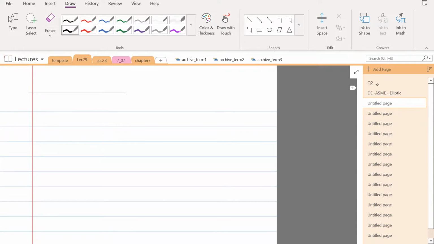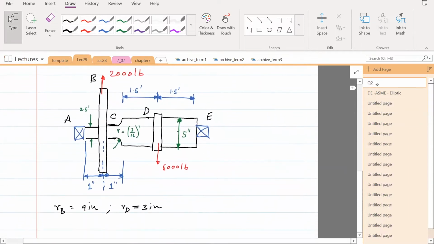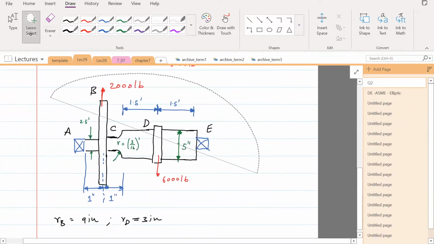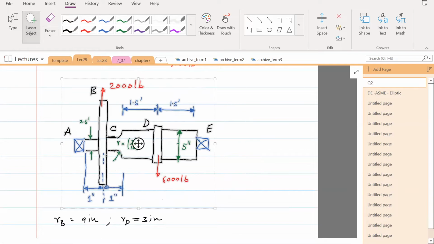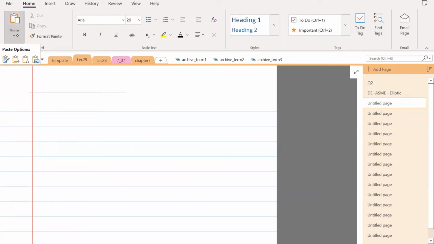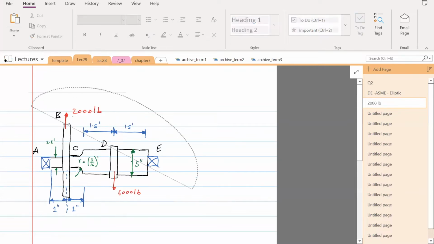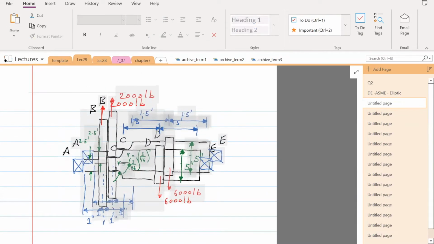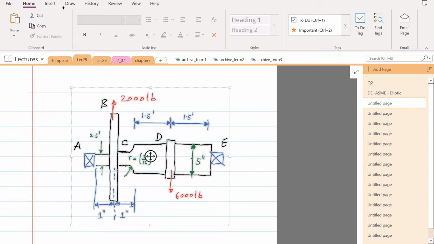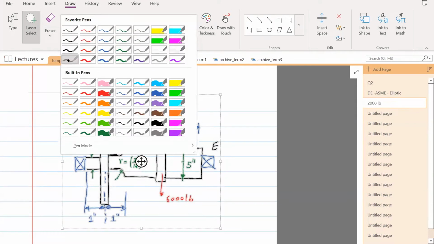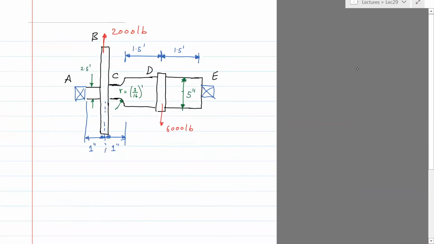Okay, so what I'm going to do is take a shortcut here, have a view of this. Blow it up a little bit. I'm going to attempt to draw the shear force diagram and bending moment diagram.